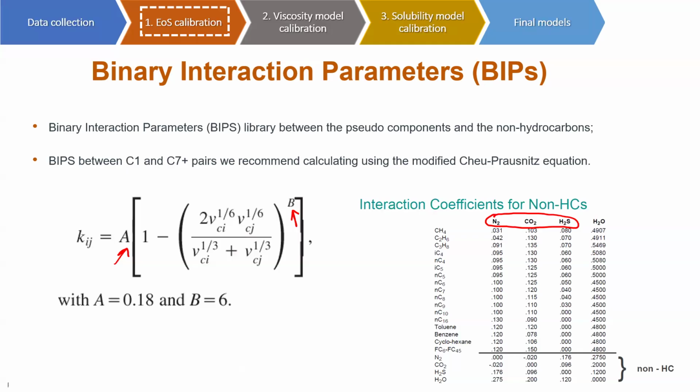So all the properties of the mixture, which can include hydrocarbon and non-hydrocarbon, will be predicted considering the influence of those impurities in your mixture. So you can tune your equation of state in the presence of those components as well.